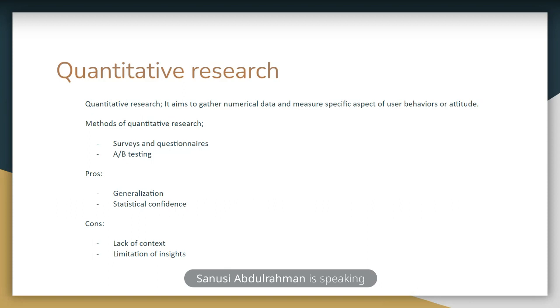With quantitative research, I can roll out a survey and ask a lot of farmers to fill it, trying to get different ideas from different farmers. So 1,000 farmers can fill the surveys and give me some data to work with. That's quantitative research. You are getting data from the users in large numbers. Methods of quantitative research are surveys, questionnaires, or A/B testing.